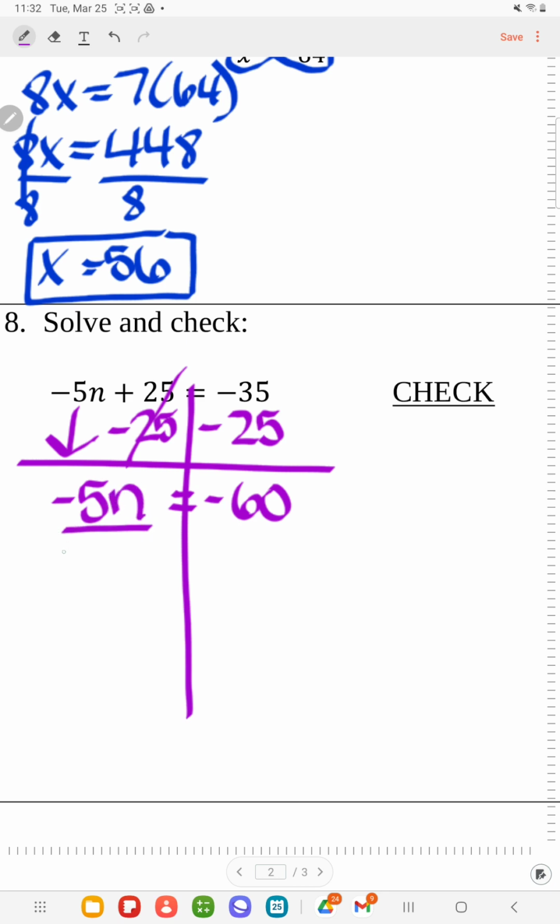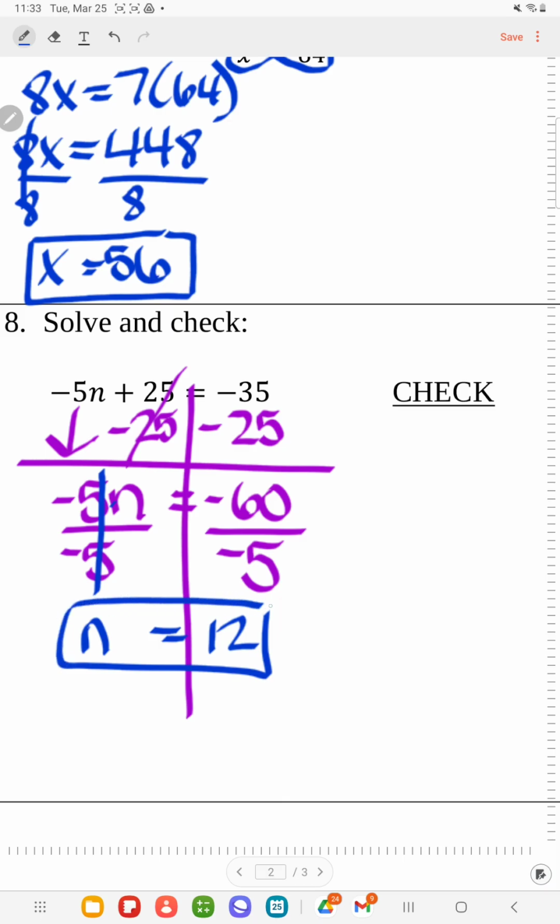To get rid of the -5, we have to divide by -5. Remember, that's not 5 minus n or n minus 5. That's division. We have to undo multiplication. It was -5 times n. So then we're left with n equals 12. Negative 60 divided by -5 gets you positive 12.